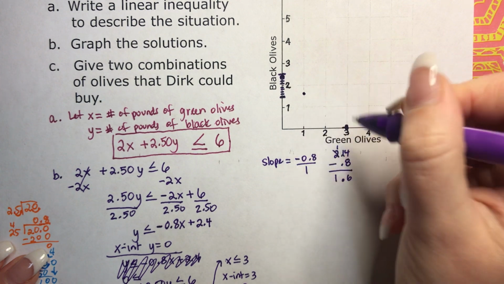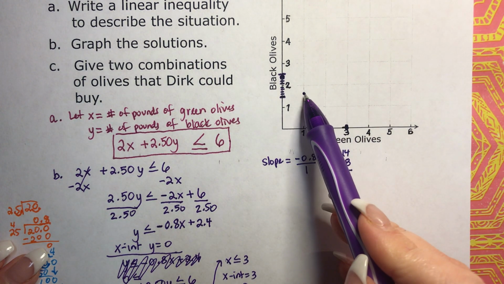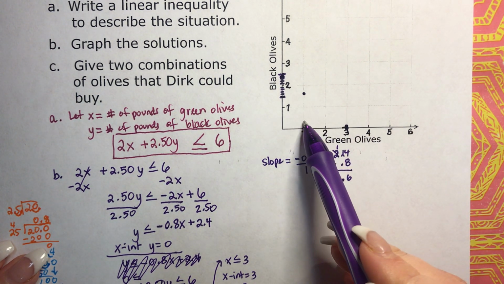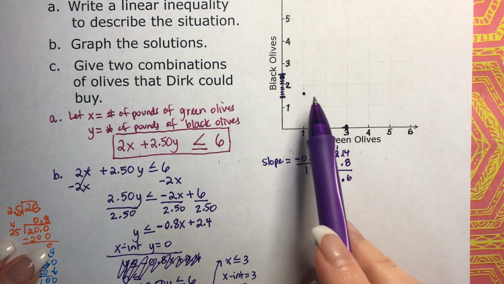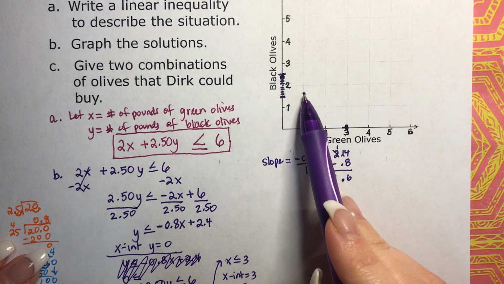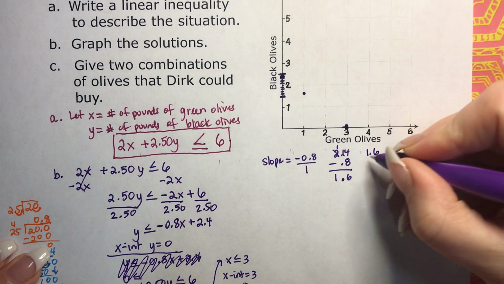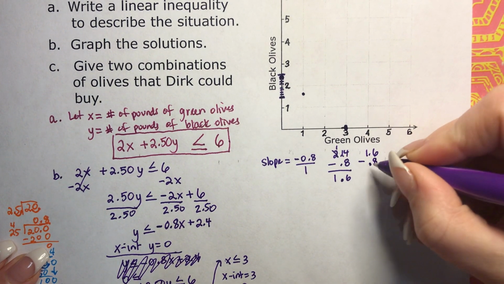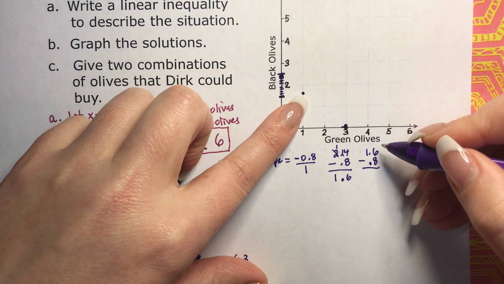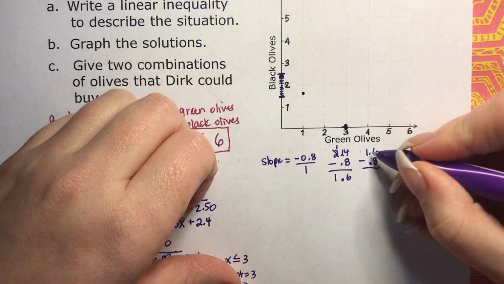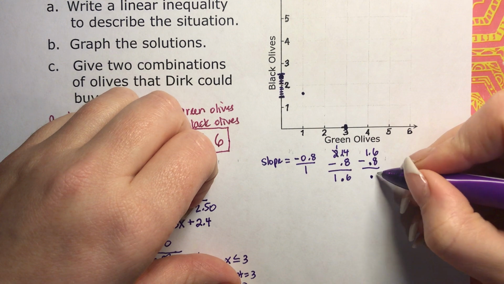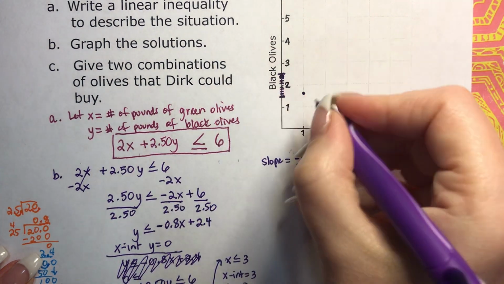So it would be right there. And then from this point, you would go down another 0.8, right? So if you have 1.6 and then you subtract 0.8 again, you end up with just 0.8, which would be right here.